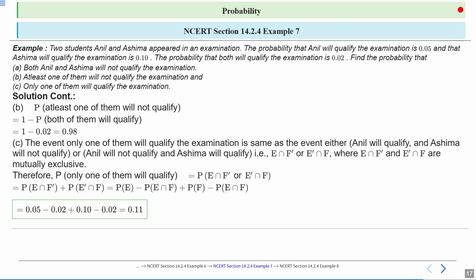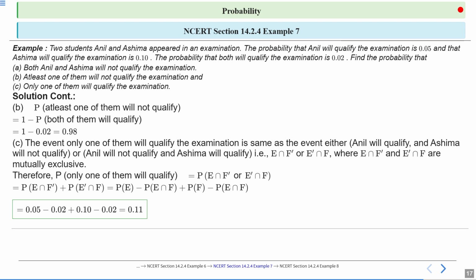So we calculated the probability that both will qualify, the probability that both Anil and Asima will not qualify the examination, the probability that at least one of them will not qualify, and the probability that only one of them will qualify. I hope this example is clear to all of you.